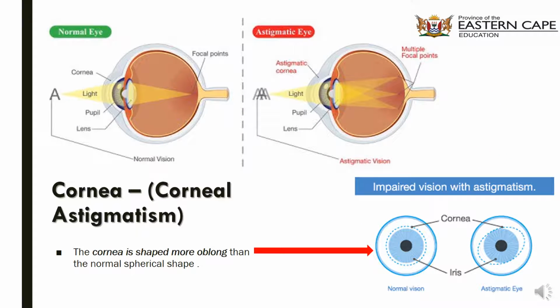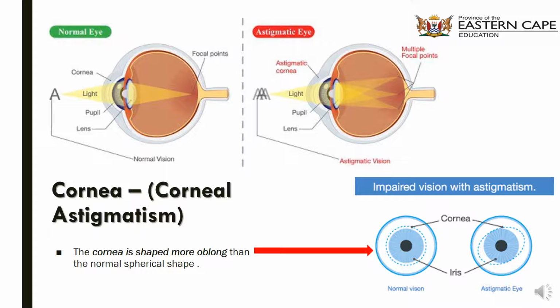And as we said, because astigmatism is caused by one of 2 things, either the front surface of the eye being curved differently by the cornea or by the lens, there are 2 types of astigmatism. The first one is caused by a cornea that is bent in one direction more, and we call it corneal astigmatism.